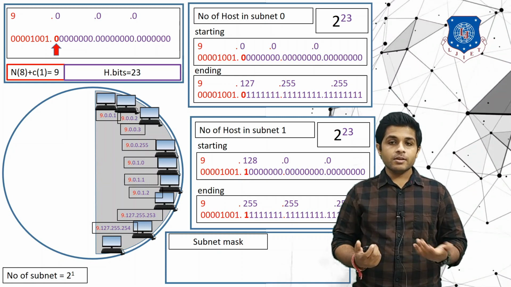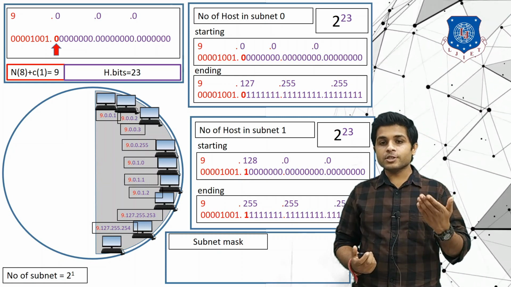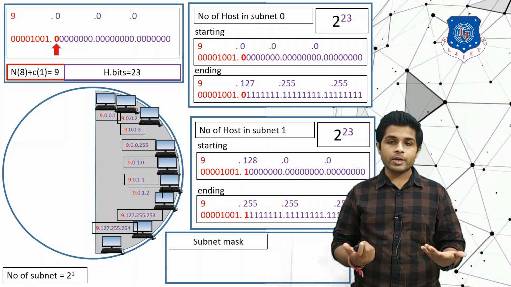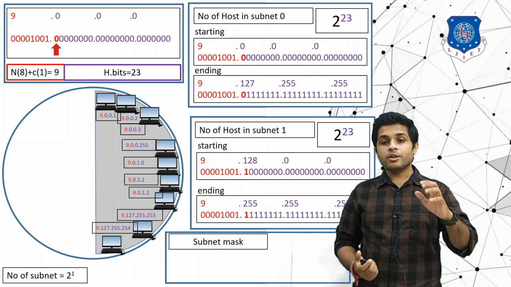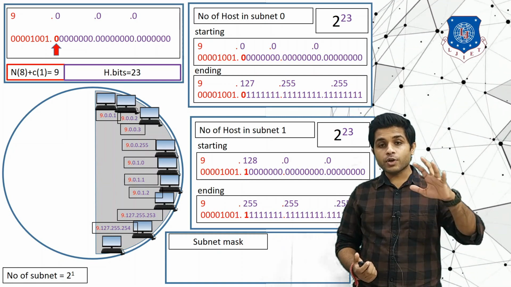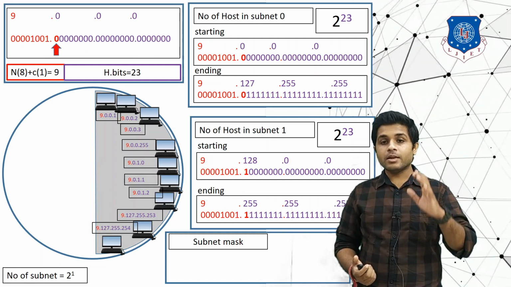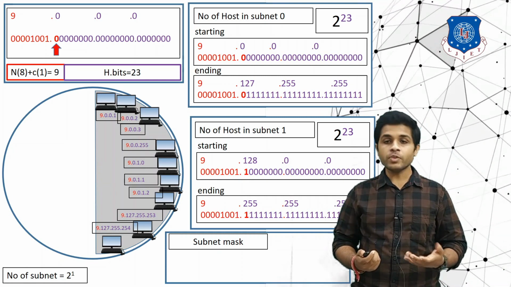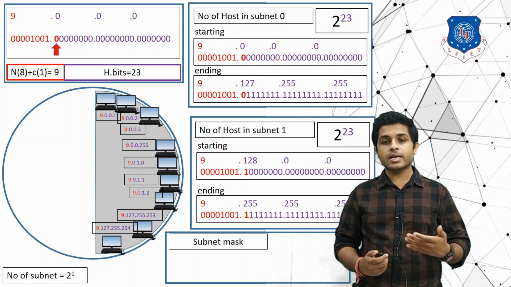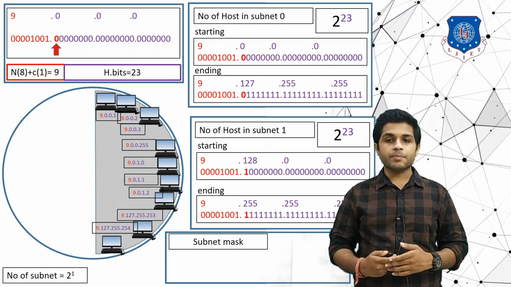Now again, in any subnet, the first and the last address will not be allocated to any device. The first address in subnet 1 represents the address of the whole subnet 1, and the last address in subnet 1 is the broadcast address. So any address apart from the first and last will be allocated to the devices in subnet 1.